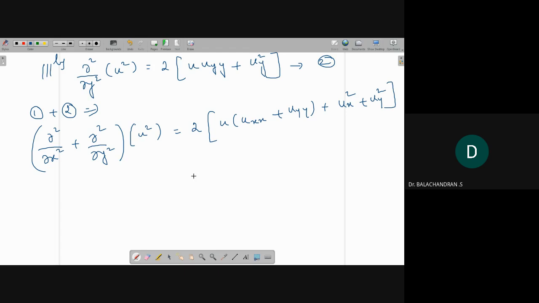Okay, this is nothing but this is 0, so 2 times ux squared plus, by using the CR equation, this is minus vx whole square, or by the CR equation.